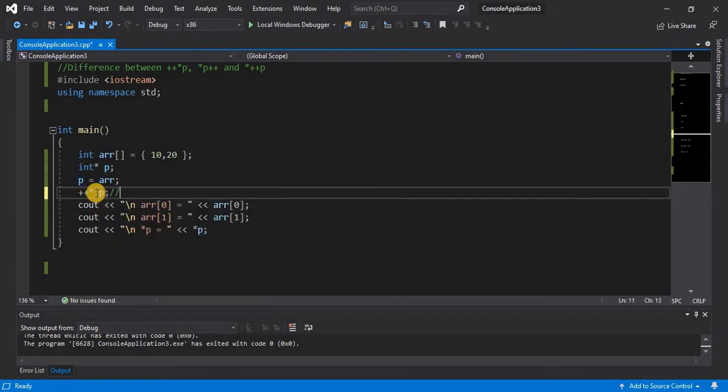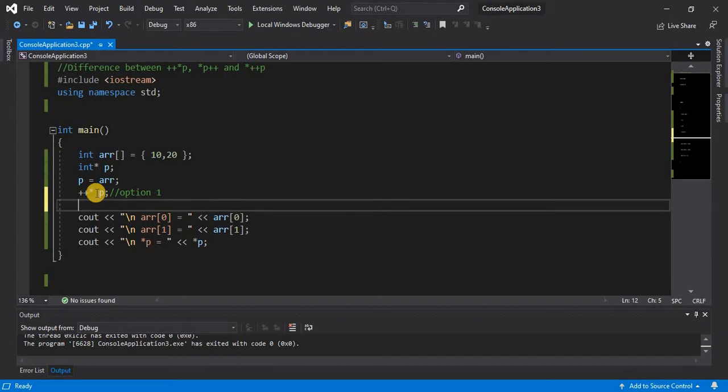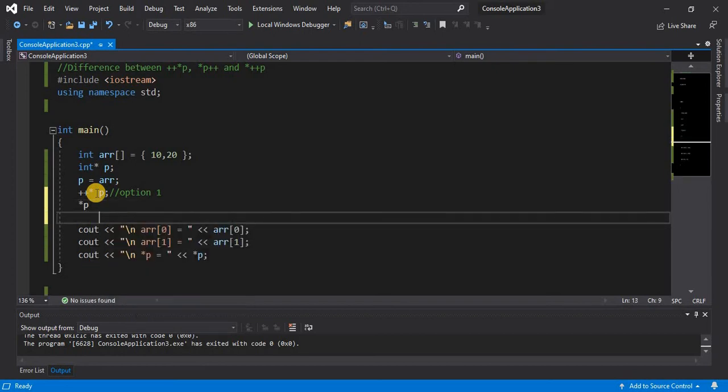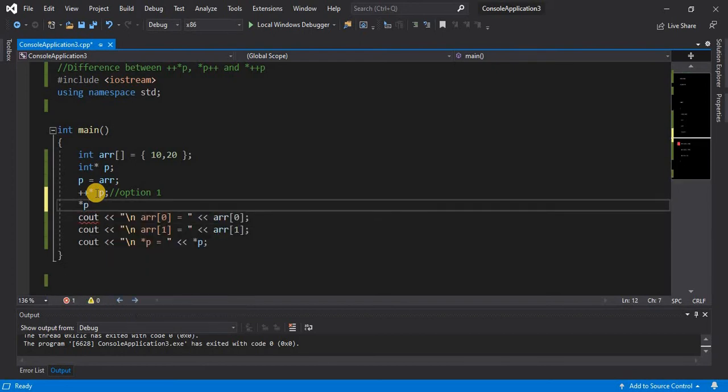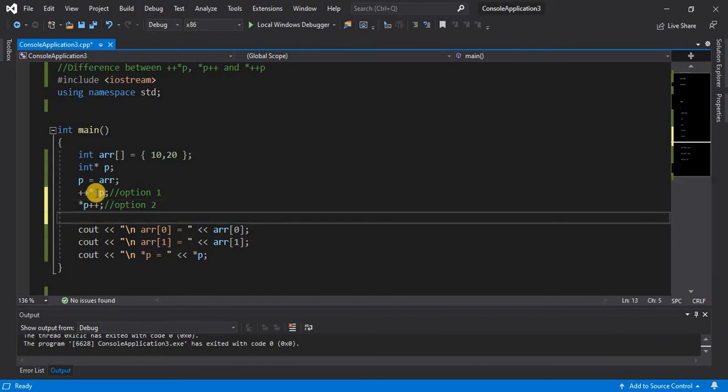Now let us try, we'll write here, first is ++*p. This is option 1. Second one that we can write is *p++. This is your option 2. And third we can write is *++p.